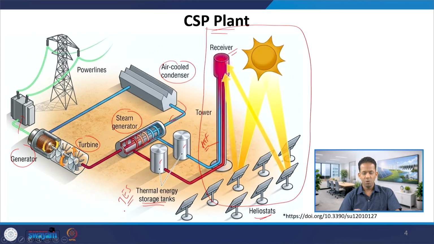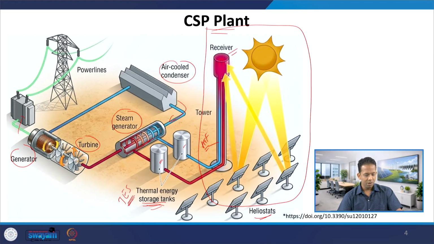because if we rely on solar radiation for generating power or absorbing heat, at night time we won't have the sun. So how would these plants work? If you have to run the plant continuously, we will need thermal energy storage tanks, so that the hot thermal fluid coming from the receiver can be stored in these huge tanks, and they are a very expensive part of the entire solar thermal plant.